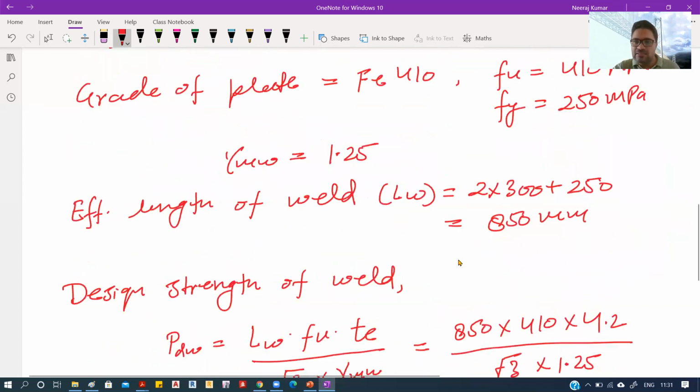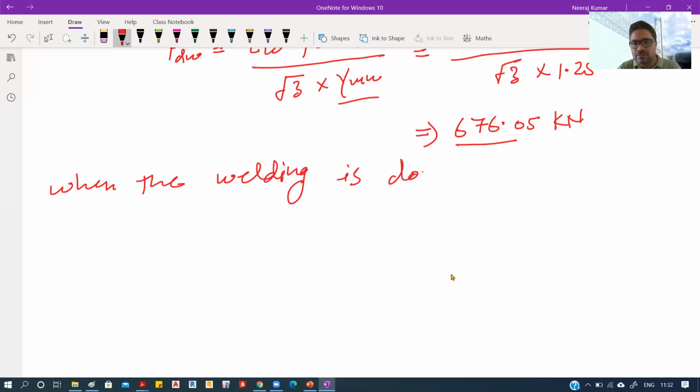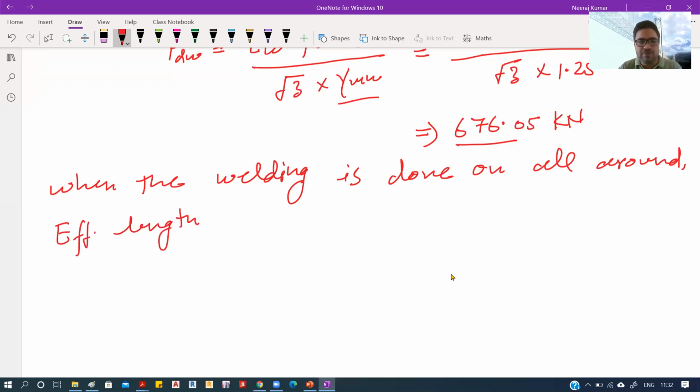We know that if we increase the length of weld, then the strength of the joint is increased. So when the welding is done all around, what will change? The effective length will change and it will be increased.